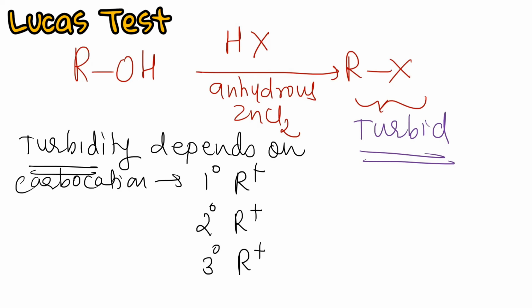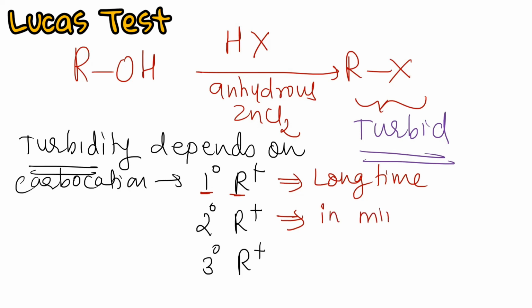Whether it is a primary carbocation, a secondary carbocation, or a tertiary carbocation decides the appearance of turbidity. For example, if a primary carbocation is formed and the X attaches to it, then the turbidity appears after a long time. So you can say no turbidity, or appearance of turbidity after a long time. If it is a secondary carbocation, the turbidity appears in minutes.